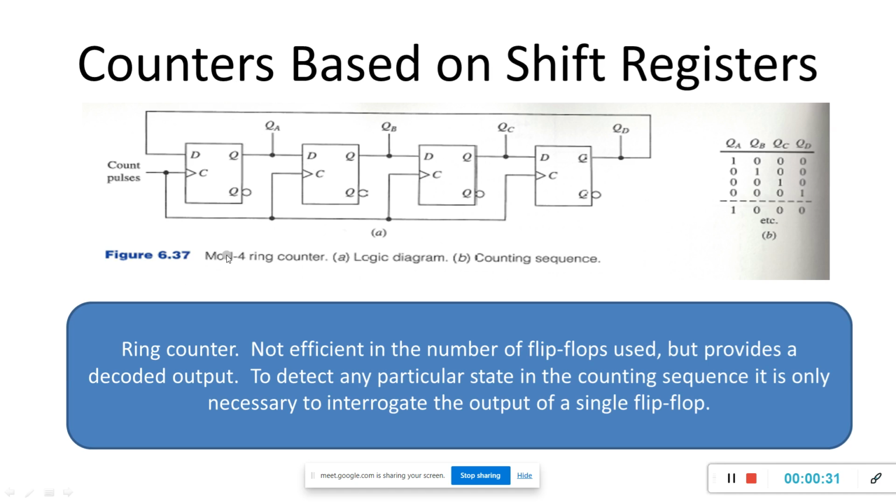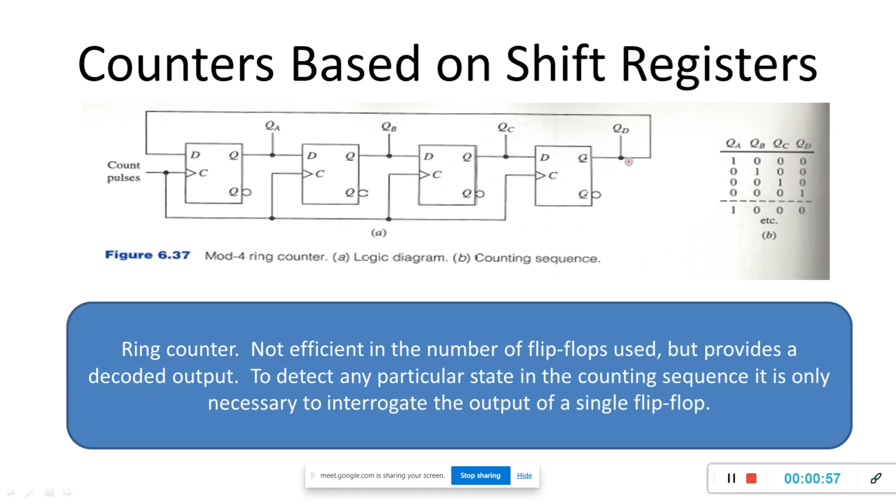So what is this? This is a mod 4 ring counter. Ring counter means initially one of the flip flops will be set to 1, and all other flip flops will be set to 0. Here you can see QA is set to 1, and QB, QC, QD are set to 0, right?